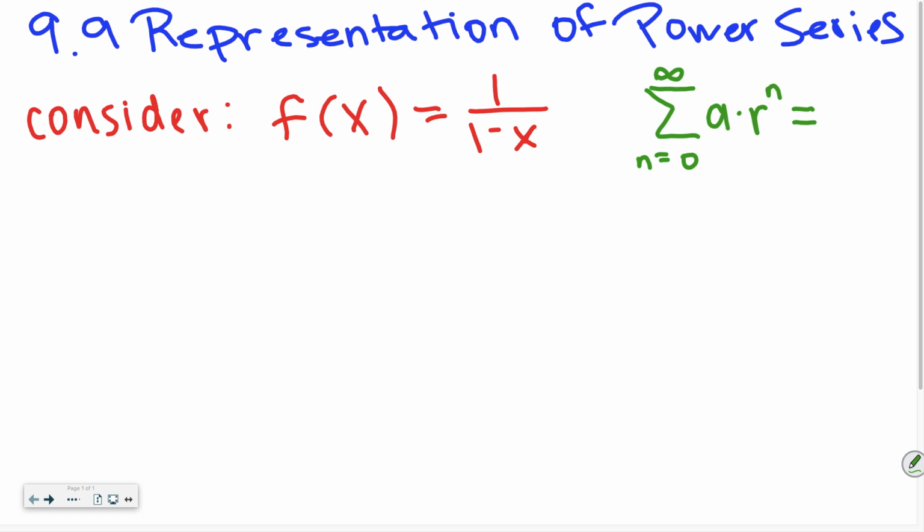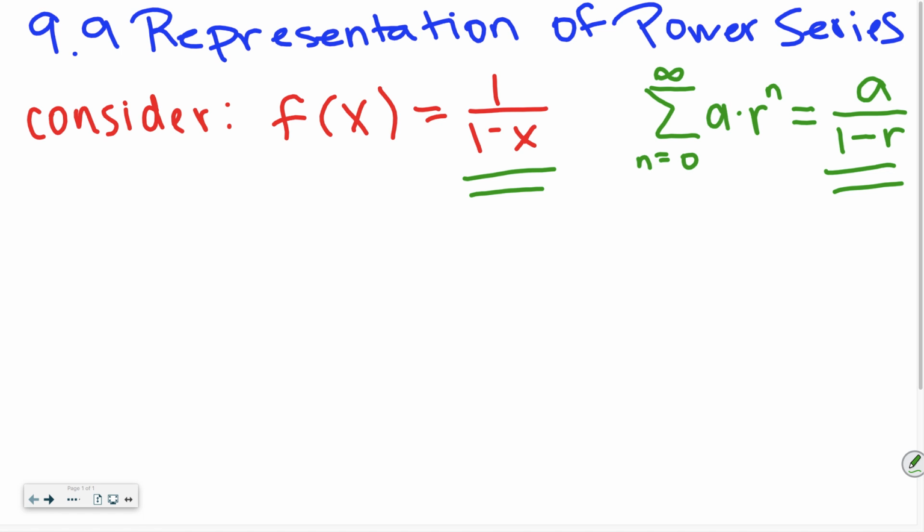Oh, it's the geometric series thing. Do you see how this is modeled like this formula right here?